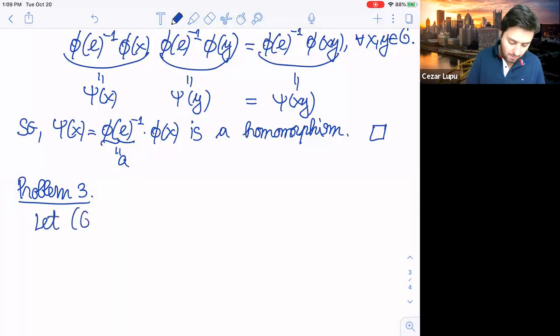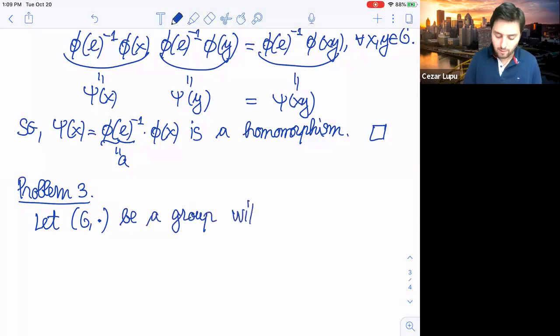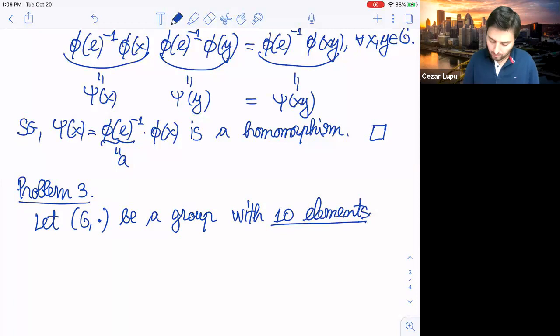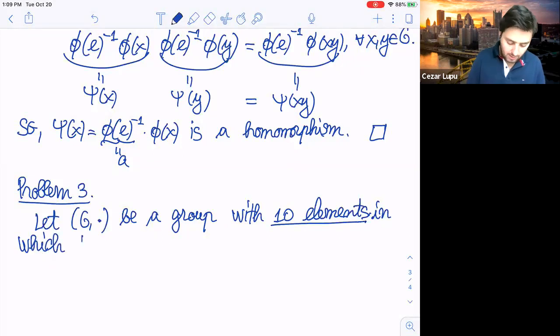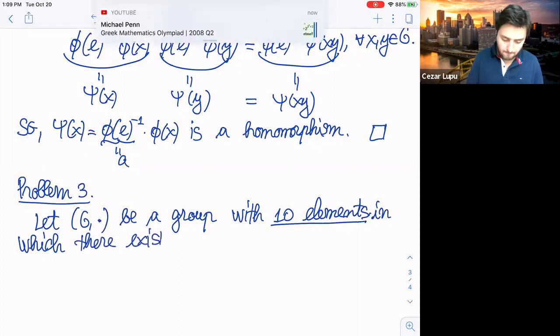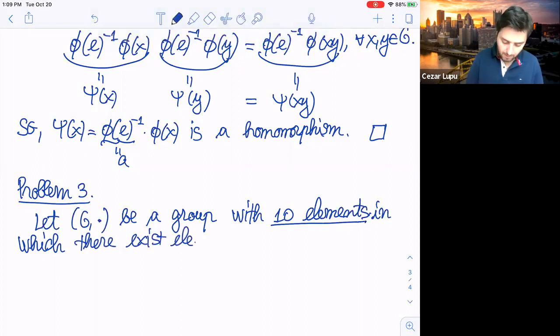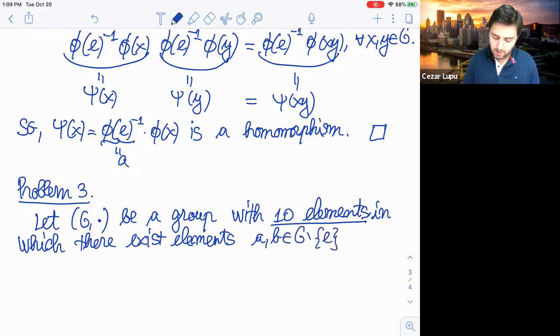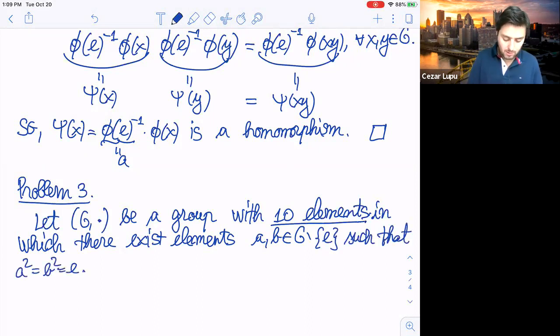It says that if I have G, a group, with the operation dot, a finite group with 10 elements, you see, not too many, in which we have a property in which there exist elements A, B in G, but these cannot be the identity, such that A squared is the same as B squared and is the identity. Show that G is not an abelian group.